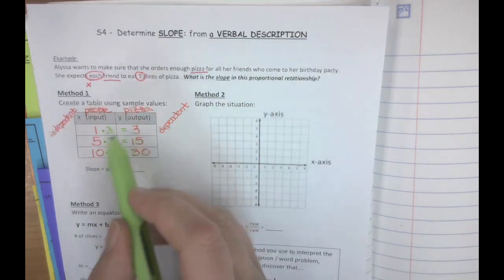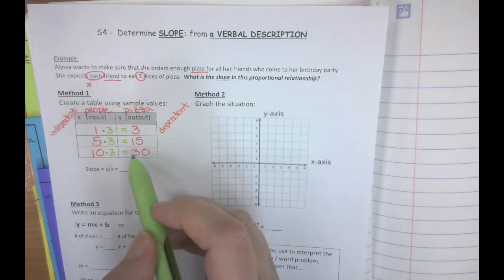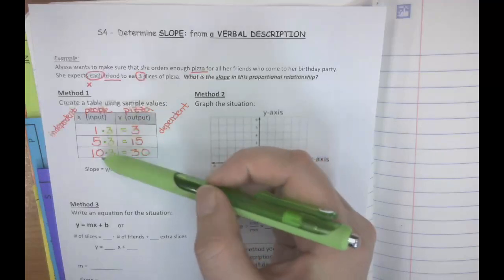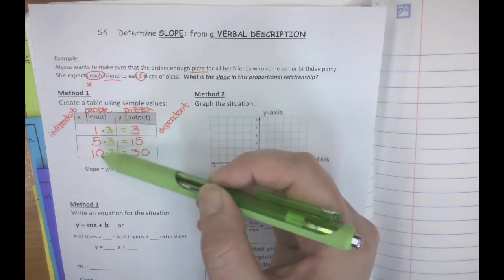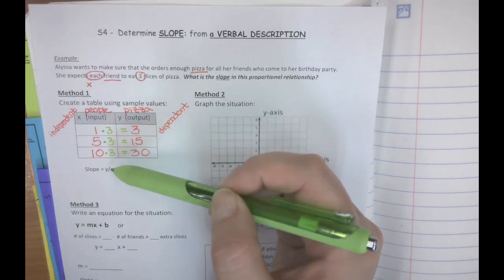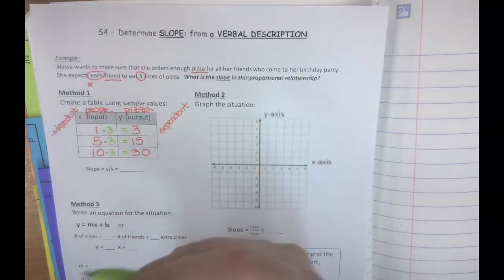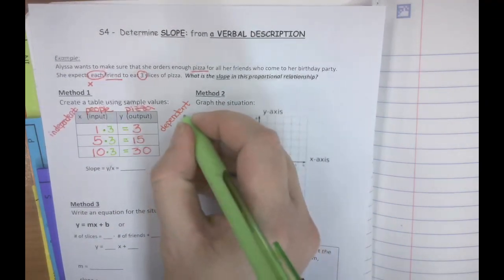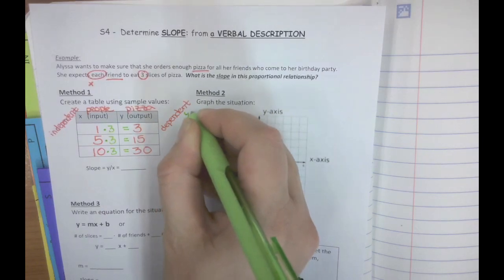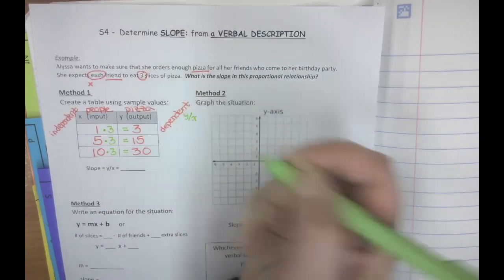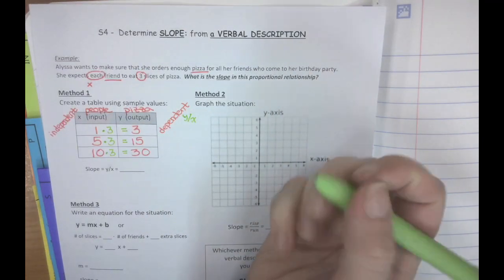So what we're doing here is trying to figure out what our slope is of this table. If you're able to recognize, hey, I'm multiplying by 3 each time, then you can recognize that's what your slope is. If you were dealing with numbers that were not so obvious, remember you can always work backwards, and you can do y divided by x to determine your slope.